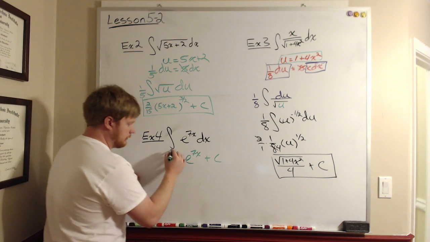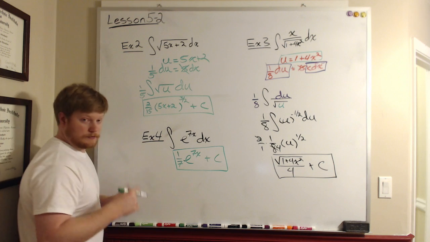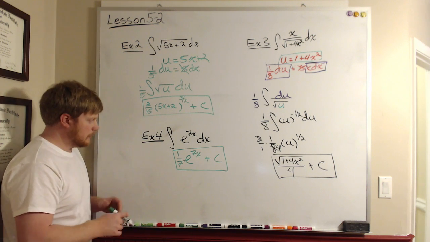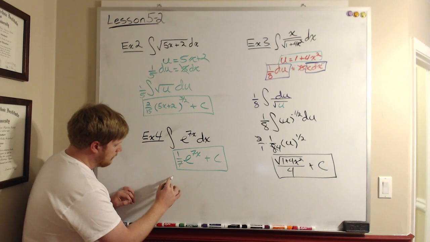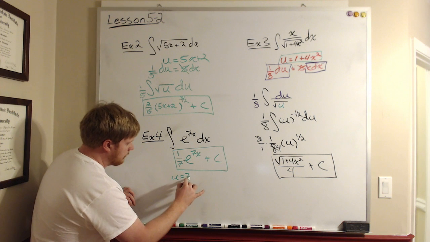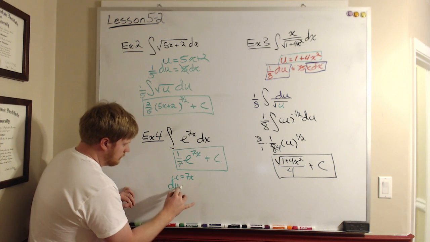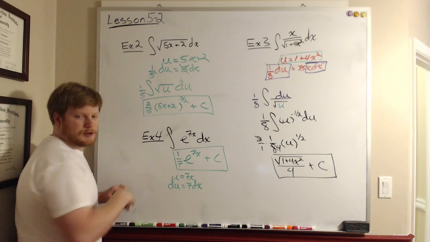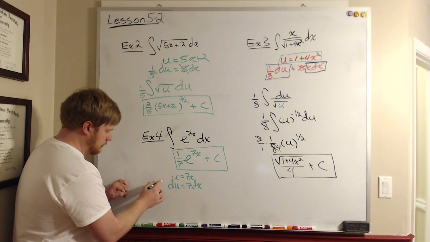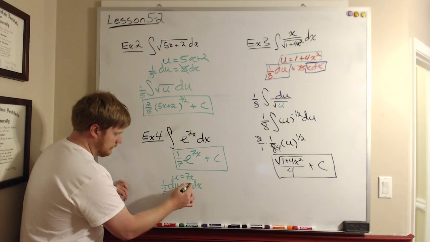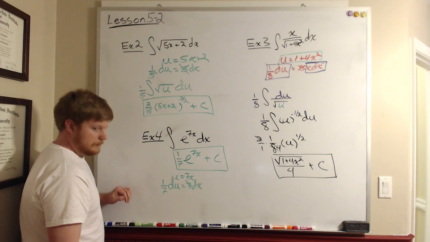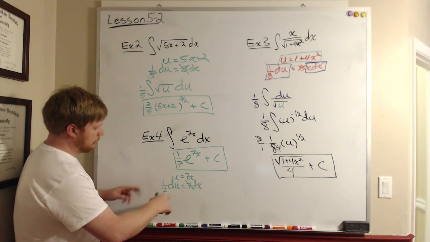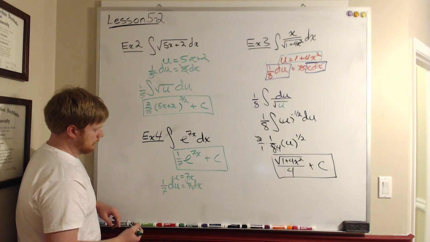So that's my answer. And all I've done is the u substitution in my head, but here's what it looks like on paper. We're going to let u equal 7x. du is 7dx. But there is no 7dx, it's just dx. So I'm going to divide both sides by 7. Now, I can go through and make my substitutions.